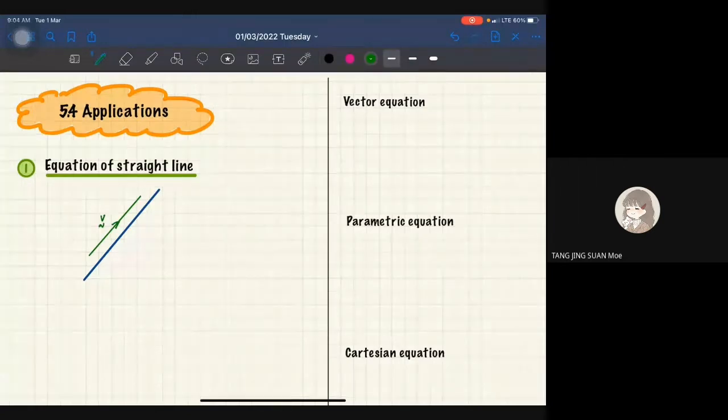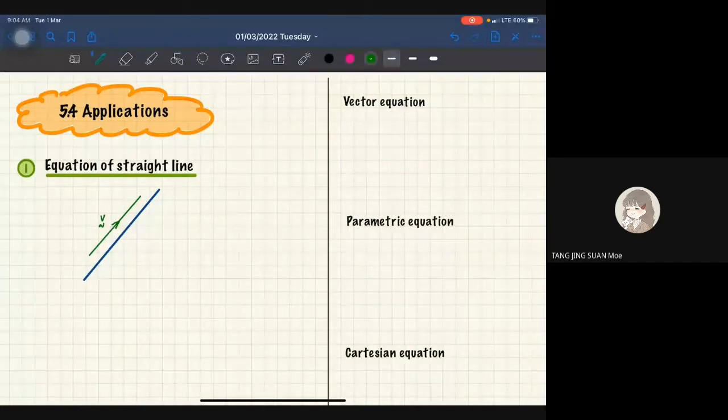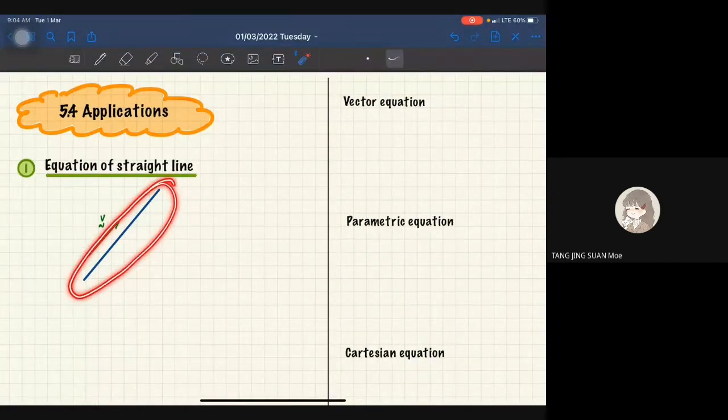Vector direction kita. We know that dalam satu line, kalau kita belajar function dulu, dalam satu graph tu, dia akan ada banyak point. So you have lots of point dekat sini.